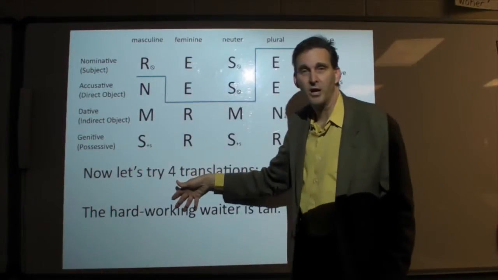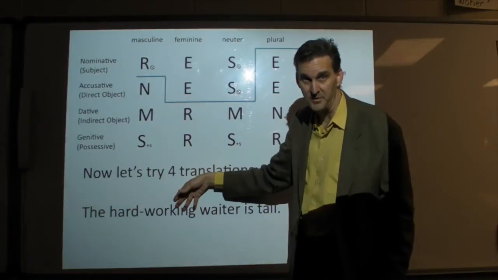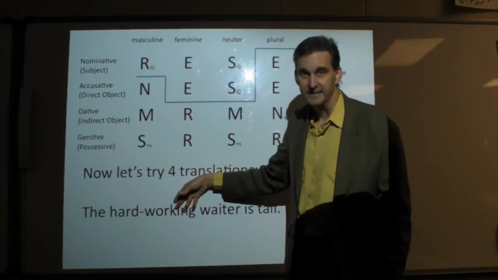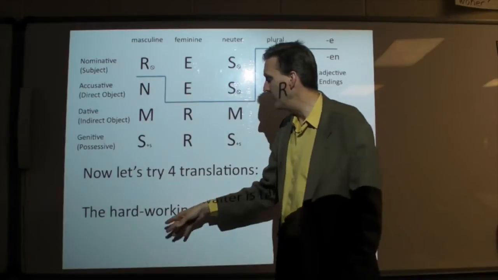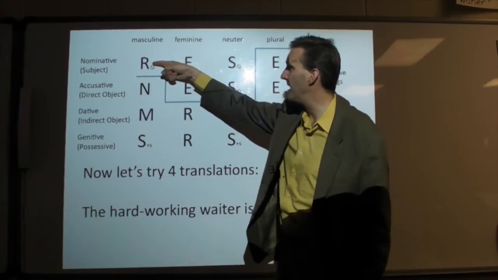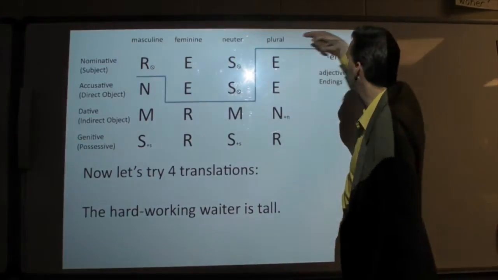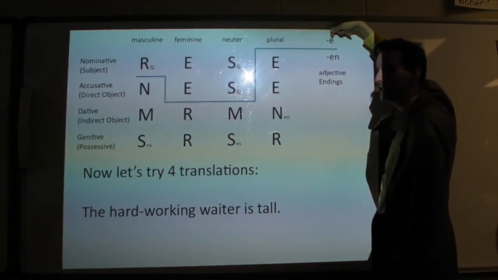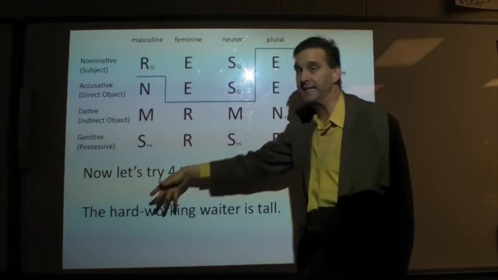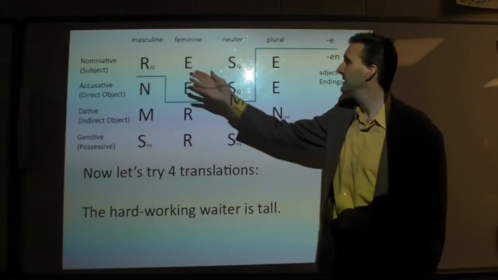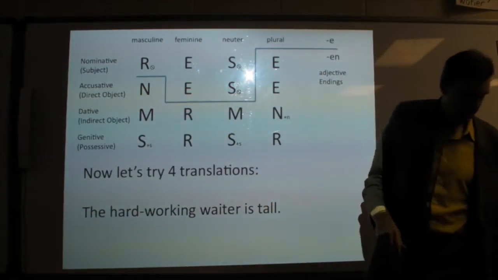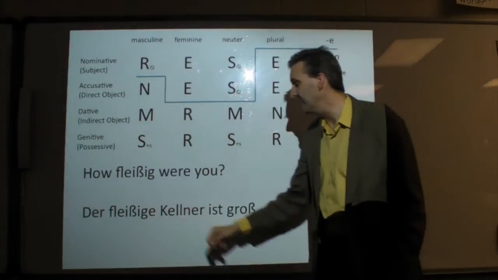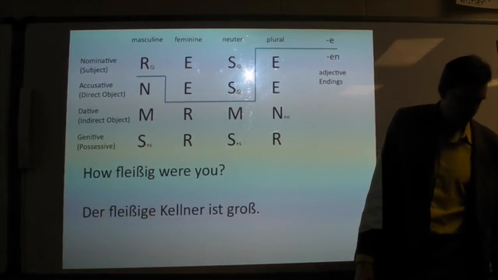And what was that word for hardworking that we learned? Don't know if you remember this one. Fleißig. Now with that, I ask, is this above or below the line? It's above, so with fleißig, we add this E. So der fleißige Kellner ist groß. So again, der fleißige Kellner ist groß.